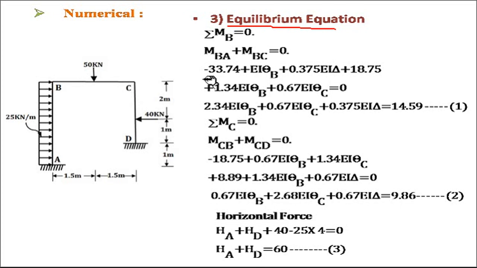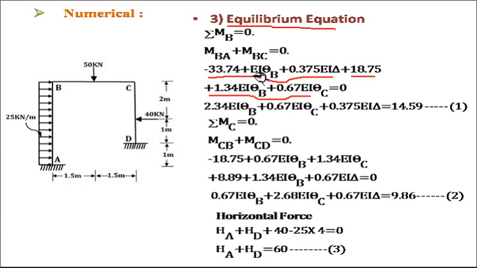We know the equation of moment for member BA is minus 33.74 plus EI theta B plus 0.375 EI delta. The equation of moment for member BC that we found after applying the slope deflection equation is 18.75 plus 1.34 EI theta B plus 0.67 EI theta C equal to 0.